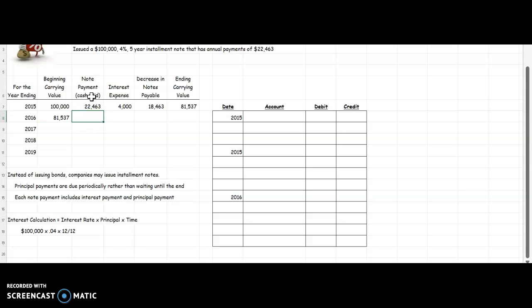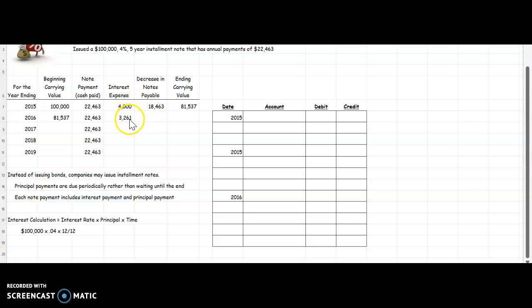The amount of cash paid is always going to be the same. It's going to be the same cash payment every time. So I'm just going to copy that down. And remember, that is $22,462.71. In order for this to get to 0, we had to have the exact amount. My interest expense is going to be my beginning number times my 4% times 1, or 12 out of 12.